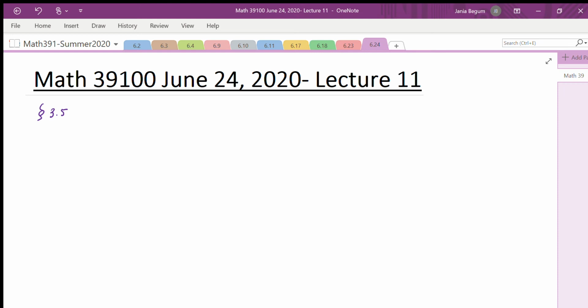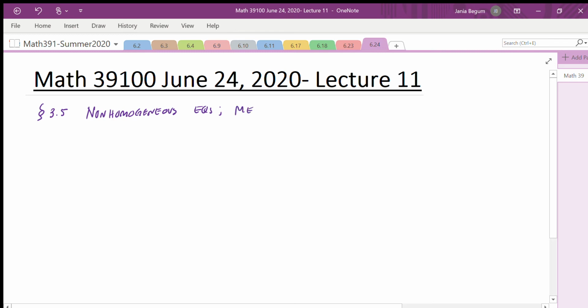Yeah. So 3.5, we're going to do non-homogeneous equations. And we're going to learn the method called undetermined coefficients.